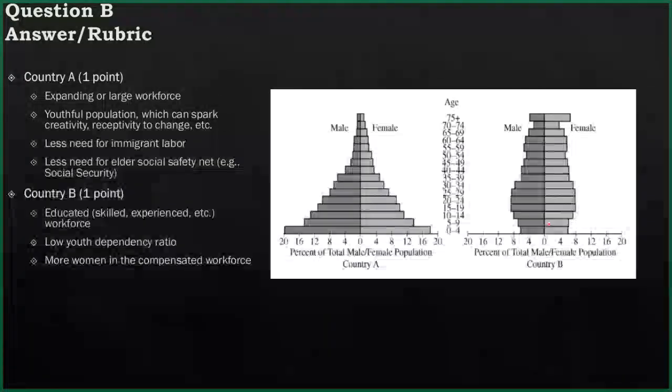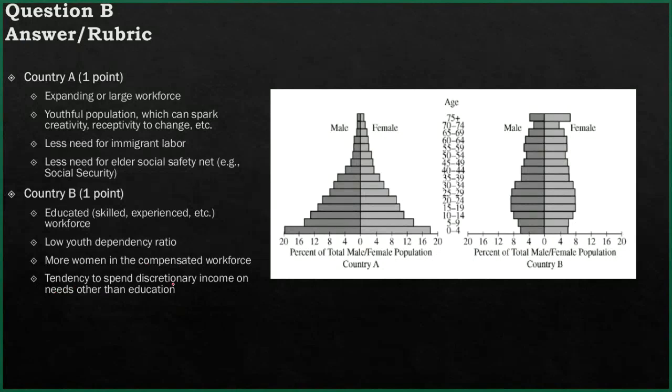More women in the compensated workforce. So if you can assume that these people are mostly educated, and we see more women here than we do men, we can tell that these women are probably in the workforce. And by compensated, that just means that they are paid just like everybody else. Tendency to spend discretionary income on needs other than education.